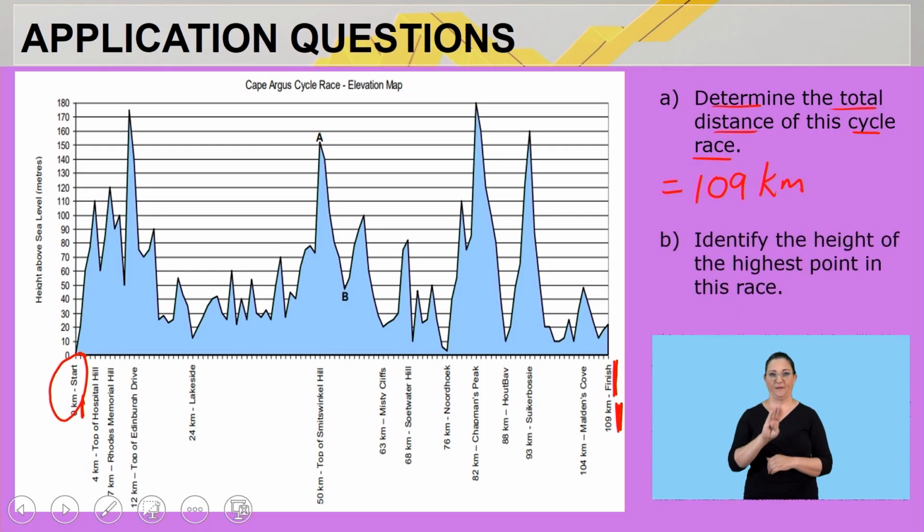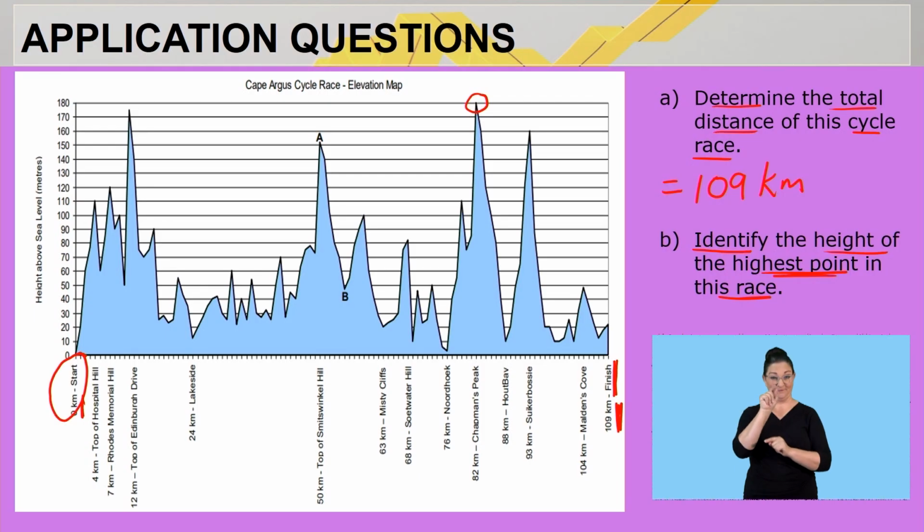Moving on now to our next question, 1B. It says, identify the height of the highest point in this race. All right, we can see there are quite a few higher points, but we are looking for the highest point there. Okay, so I'm sure you'll agree this is the highest point in the race.